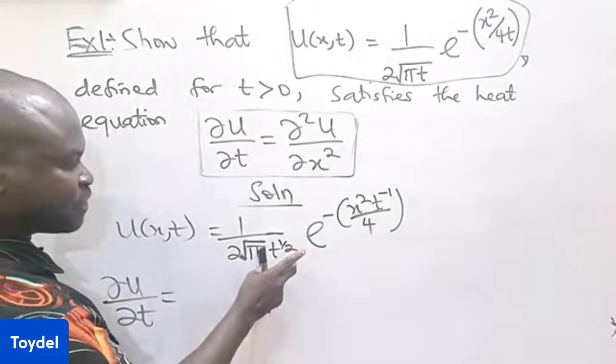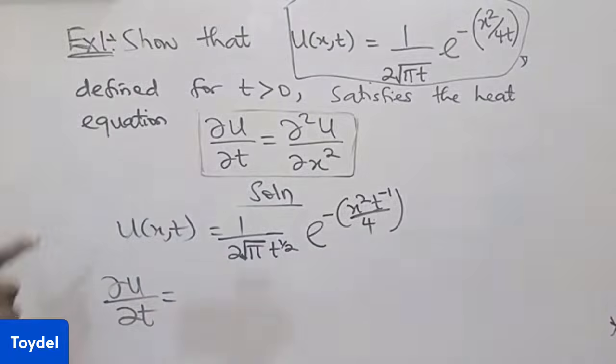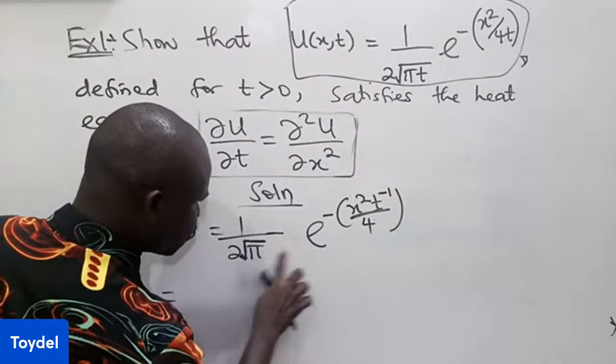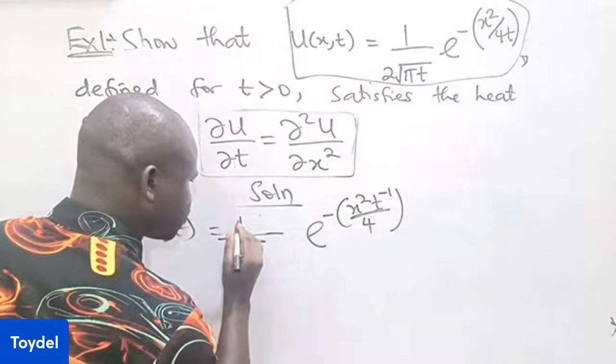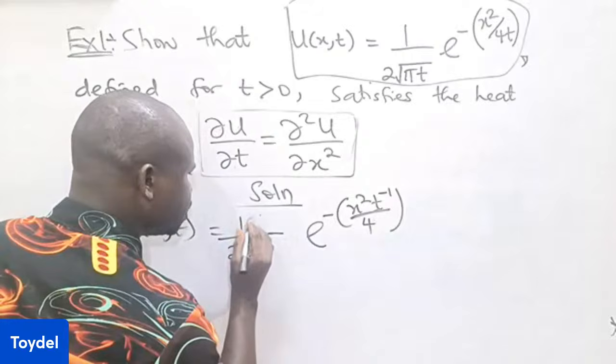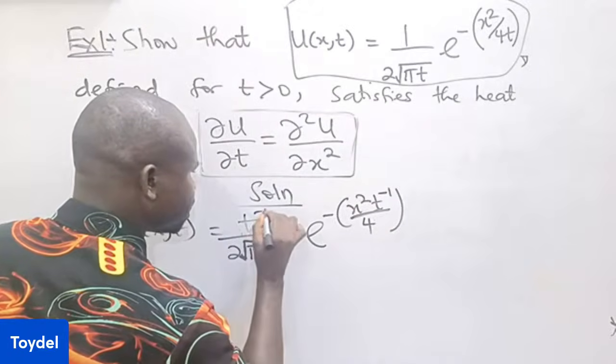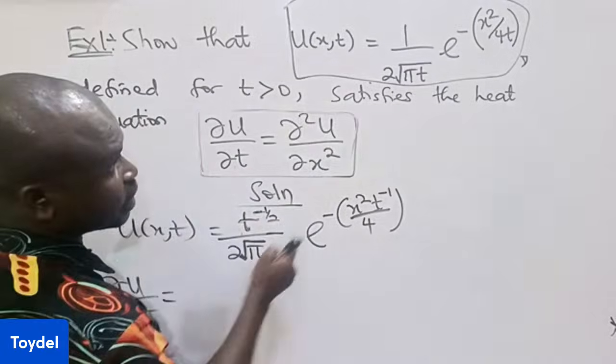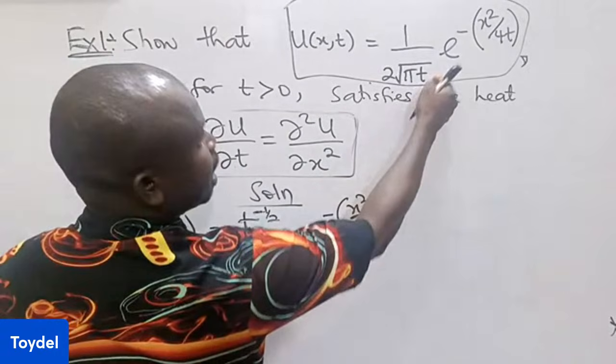I differentiate the first one and pick the exponential, then go back and differentiate the exponential and pick the first one. By the law of indices, I can bring t raised to power half up to be t raised to power -half.